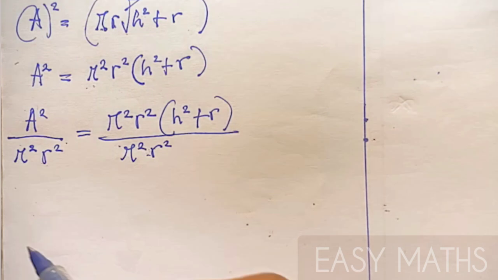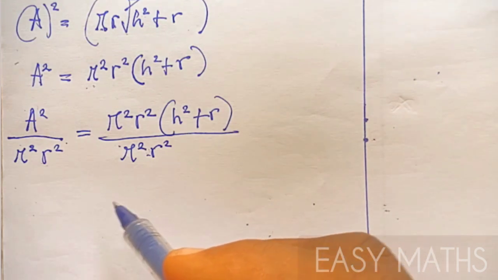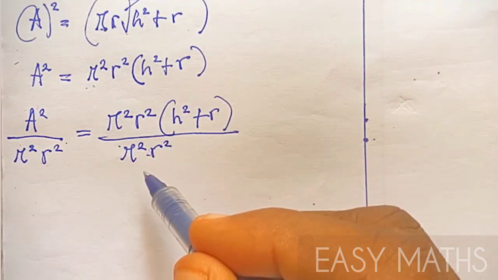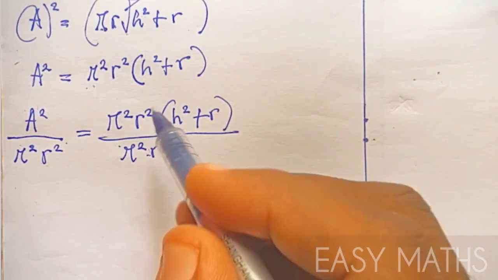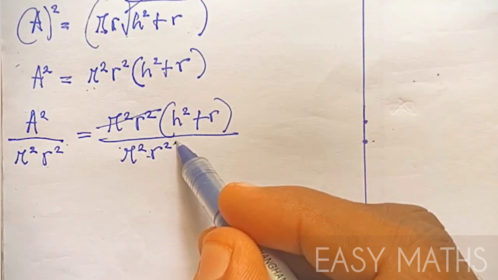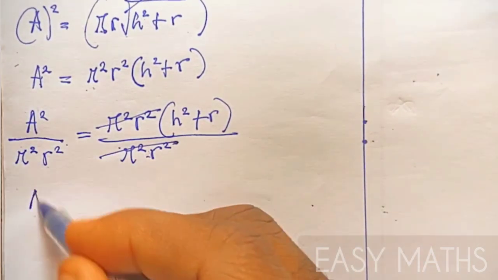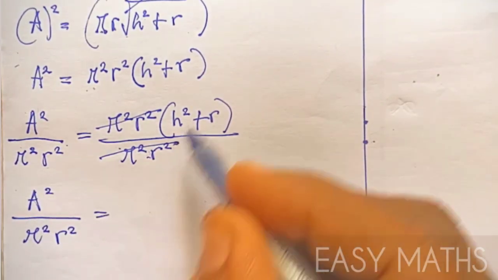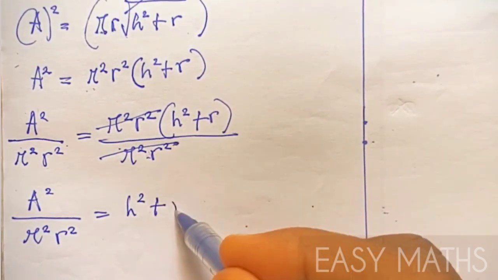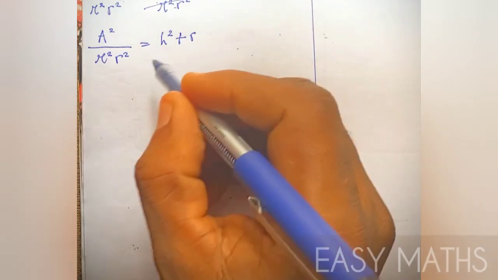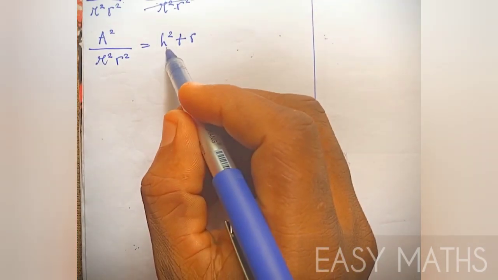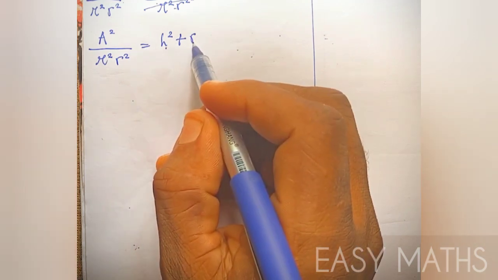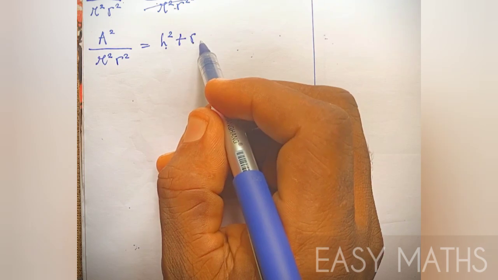Okay, so having done that, what do we do next? Pi squared r squared is going to cancel out each other, left with a squared all over pi squared r squared equals to h squared plus r. Okay, then remember we are making h the subject of formula, so the next thing is to take this r over here by using the inverse operation of addition, which is subtraction.